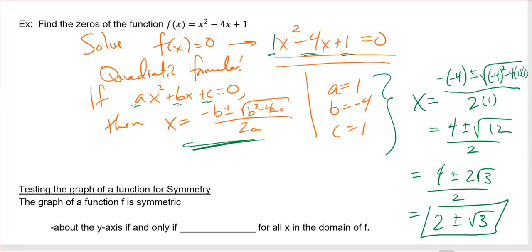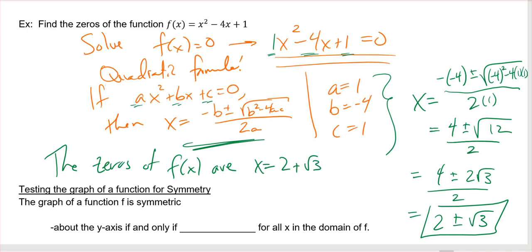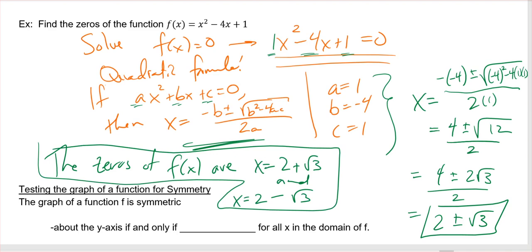So in this case, we would say the zeros of f of x are x equals 2 plus square root of 3 and 2 minus square root of 3. We got 2 of them. Maybe put this in a little box. Now, what we're saying here is also true the other way around.